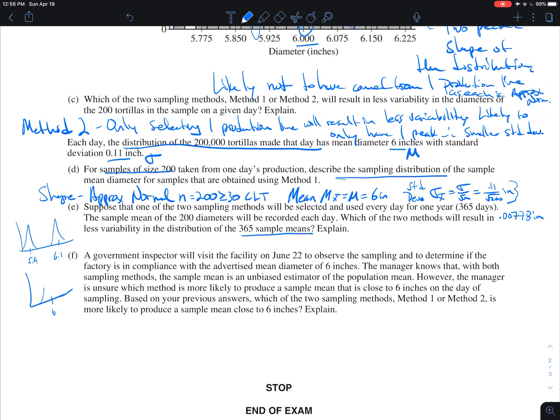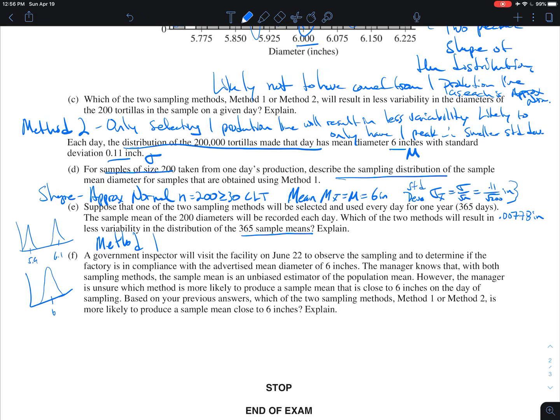So that's actually going to look like this. So between the two, which one has less variability? It's going to be method 1.